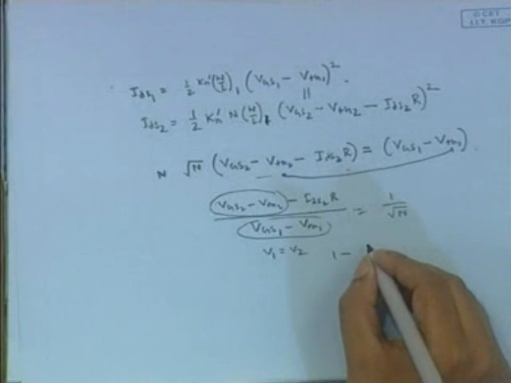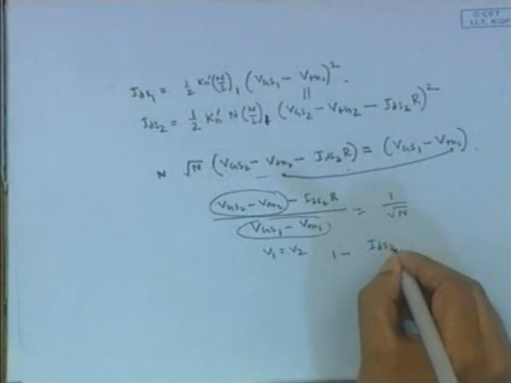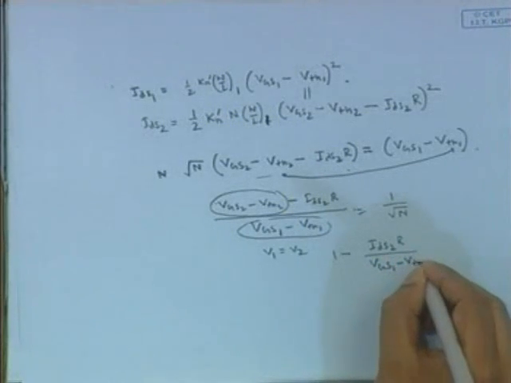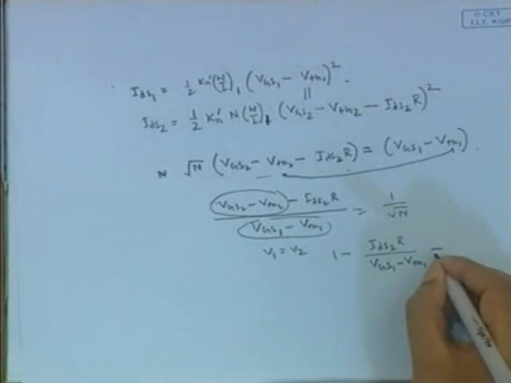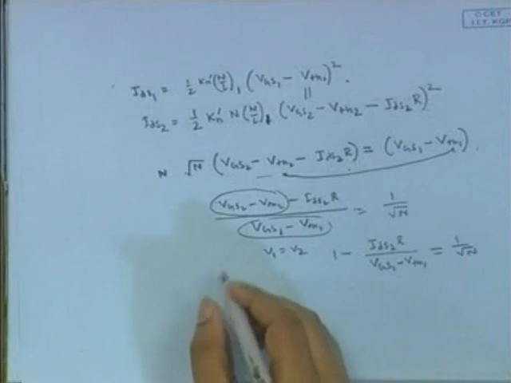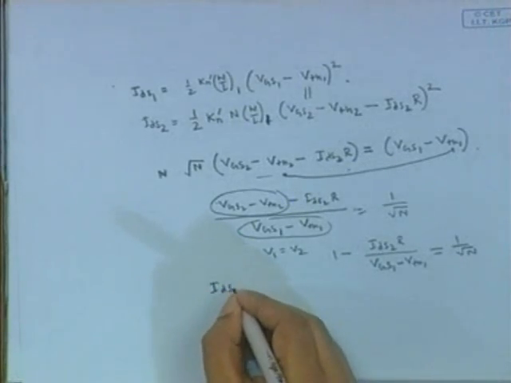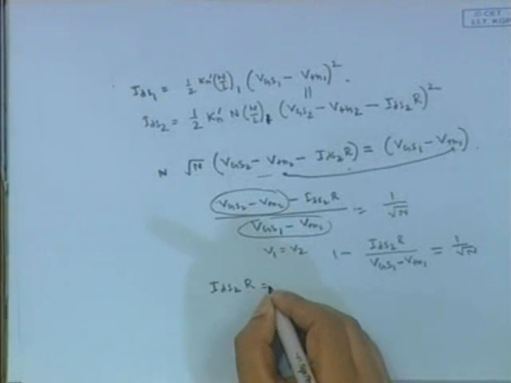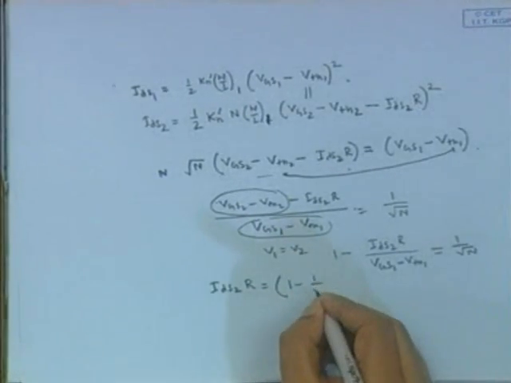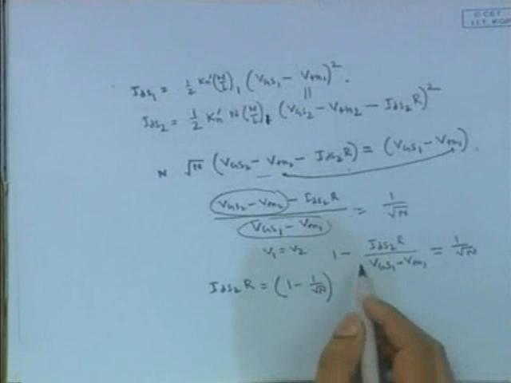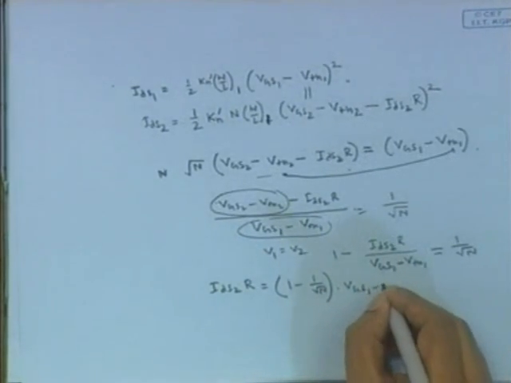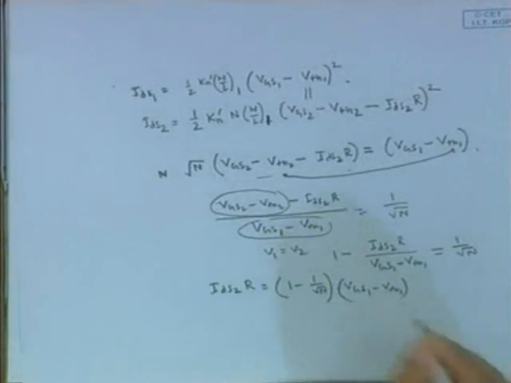So this leads to IDS2R divided by VGS1 equals 1 upon root n. Then IDS2R equals 1 minus root n multiplied by VGS1 minus VTH1.